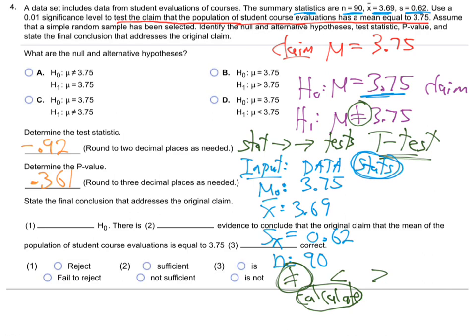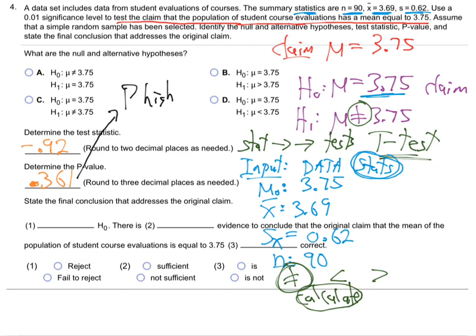So now can we draw the conclusions? So is that p-value low or high? Yeah. The p is high.